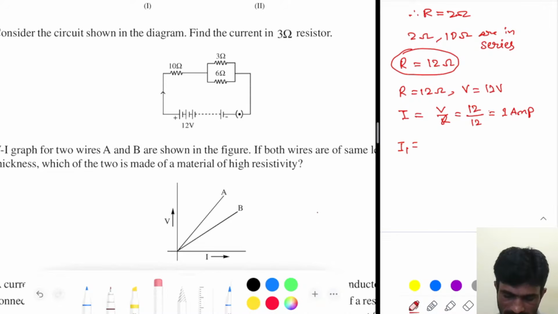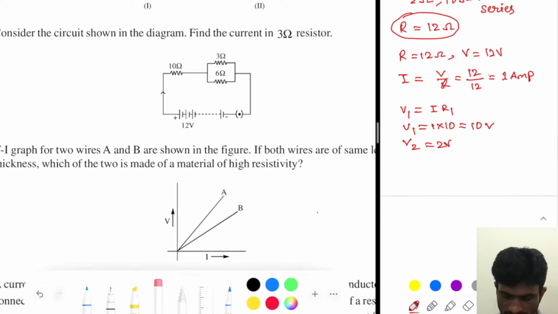If you take it as I1, we will first find out the V value, how it is divided. V1 is equal to I into R1. So that is 1 into 10, 10 volts. V1 is equal to 10 volts. V2 is the remaining 2 volts.